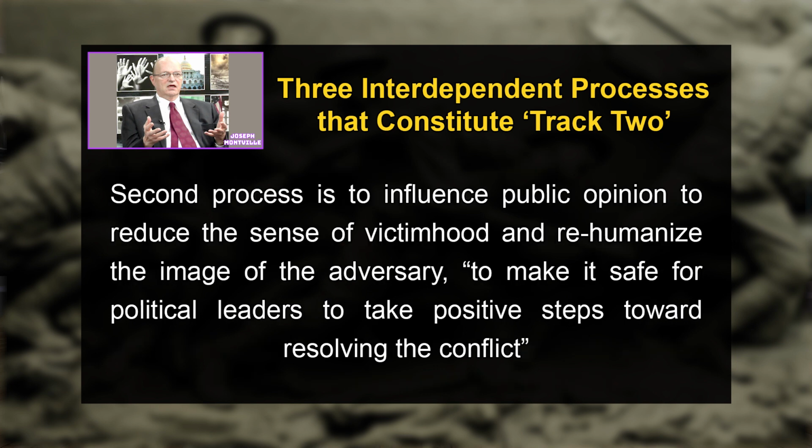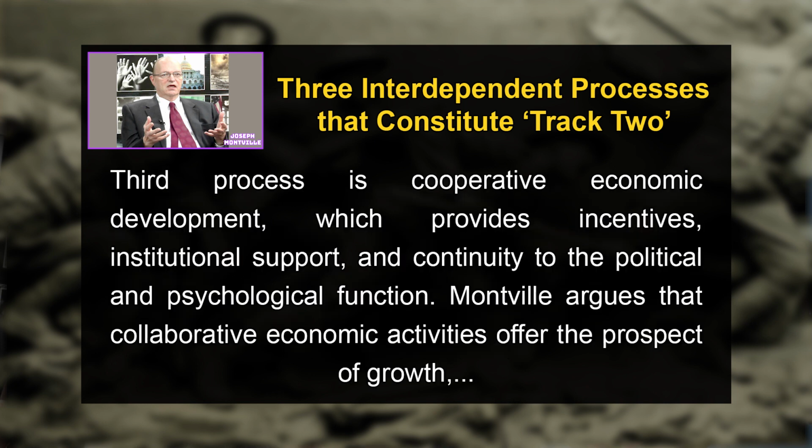The second process is to influence public opinion to reduce the sense of victimhood and rehumanize the image of the adversary, to make it safe for political leaders to take positive steps towards resolving the conflict. The third process is cooperative economic development, which provides incentives, institutional support, and continuity to the political and psychological function.